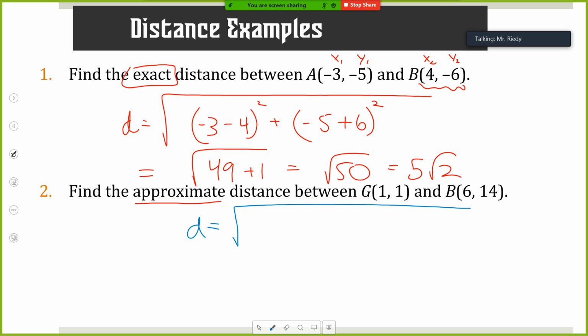Kira, how do you have it set up? I'm still doing it. Well, yeah, I understand, but how did you set it up? Oh, D equals 1 plus 6 quantity squared plus 1 plus 14 quantity squared. Not bad except for two small problems.